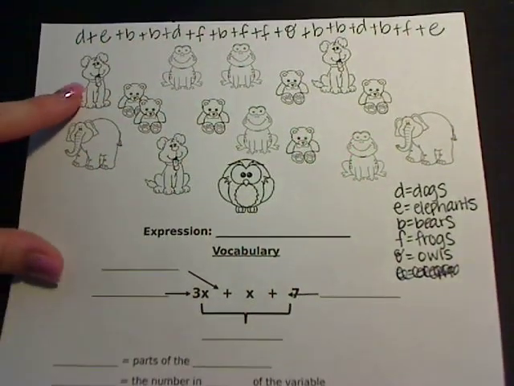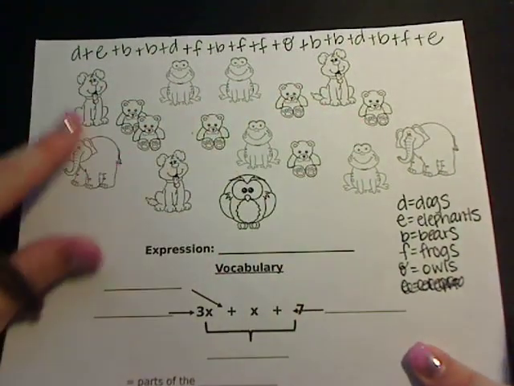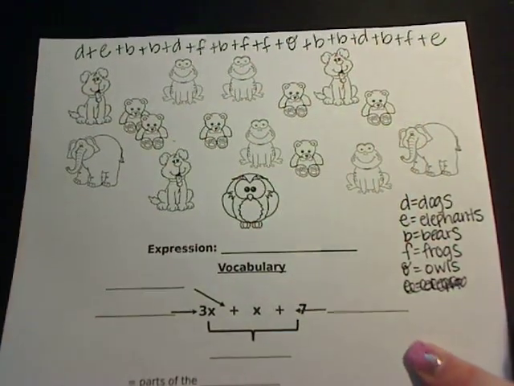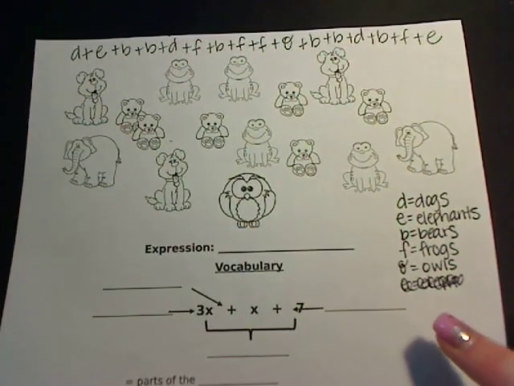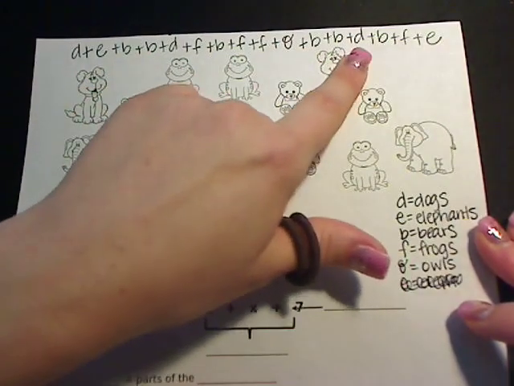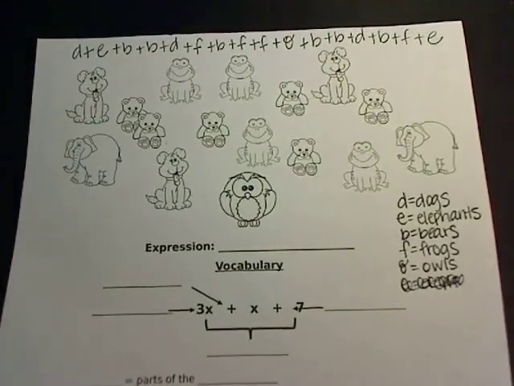So if I were going to write out this picture as an expression, it's this big old long thing up here. When we're combining like terms, that means we're going to combine or put together everything that's similar.